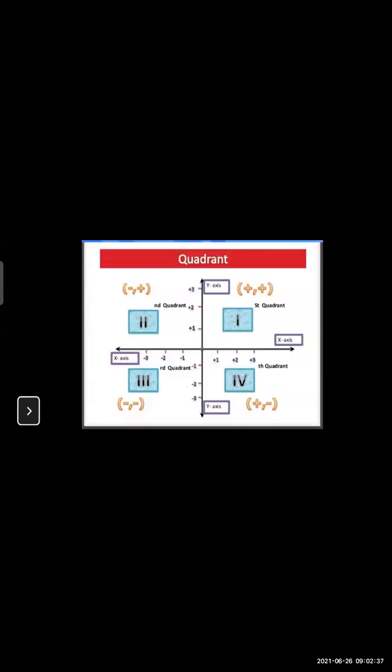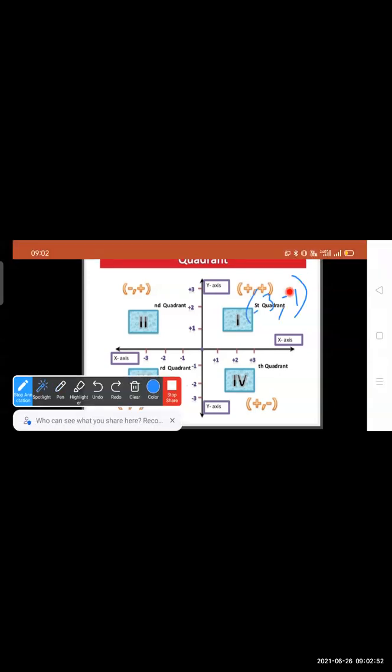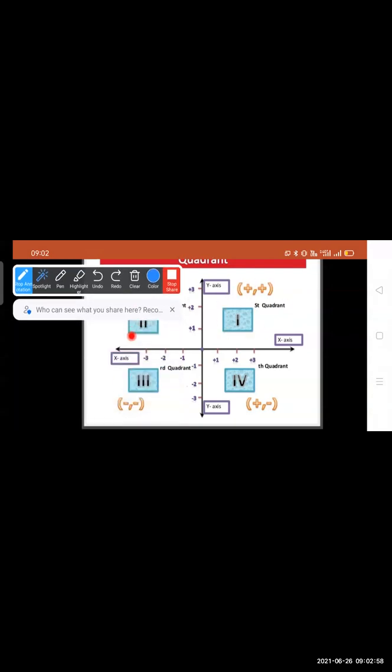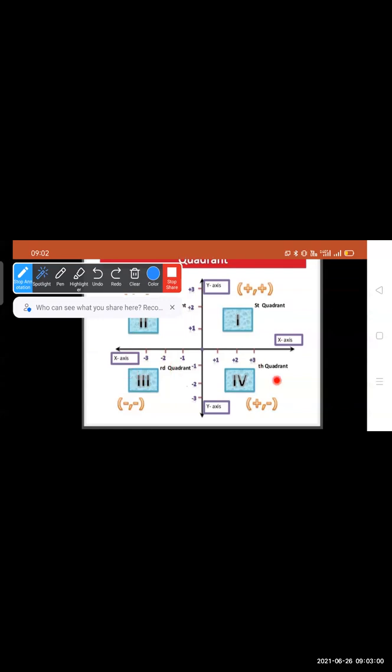So when we draw two axes, horizontal and vertical, we get 4 quadrants. This one is the first quadrant, this one is the second, third and fourth.